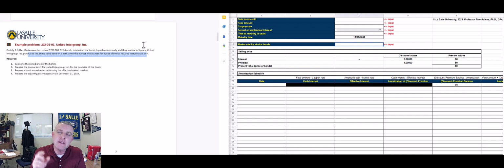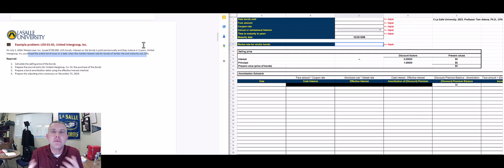And because there is that slight delay, and because these bonds are bought and sold on secondary markets like the stock market, these are bond investments that can be bought and sold like stocks, the interest rate fluctuates in that period of time. So the bonds have legal documents that say 12%, but by the time Masterware gets ready to sell these things, the market rate of interest being offered went up to 14%.